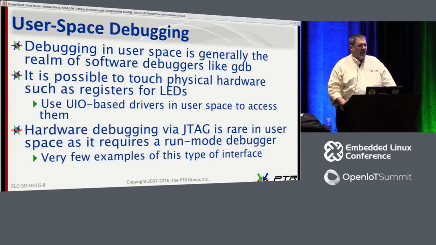user space. It is possible to reach out and touch hardware from user space. There are a couple of different ways of doing that. There is, in fact, a user I/O module, a user I/O section that allows you to then reach out and touch physical hardware from user space. Obviously, you have to have the right sorts of permissions to be able to do that.